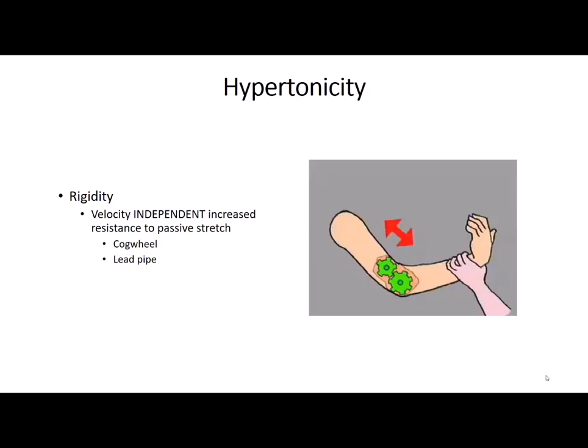If you take their arm or their elbow or their knee and move it through passive range of motion, you can feel a pull, pull, pull, pull, an intermittent resistance, like catching the wheels of a cog when you go through that passive range of motion. This is different than lead pipe rigidity, where you're going to have just increased tone throughout the range, and the person can be as stiff as a lead pipe.